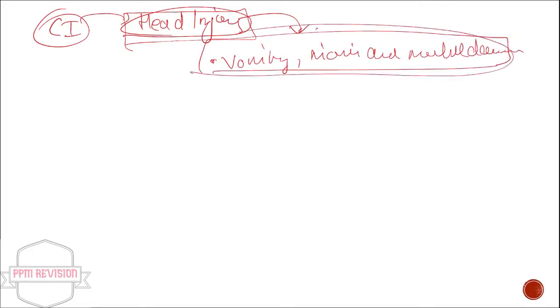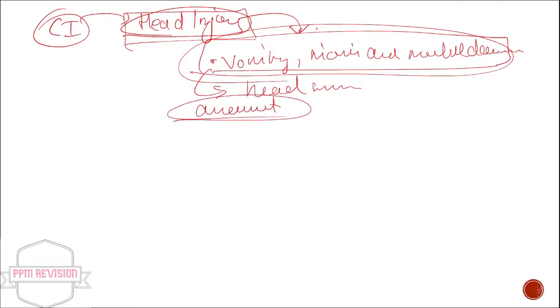These things interfere with the assessment in a head injury patient, and the assessment cannot be done well in case of these effects, that is vomiting, meiosis and mental clouding.